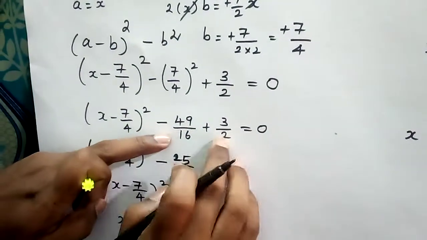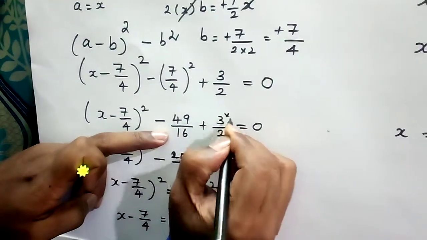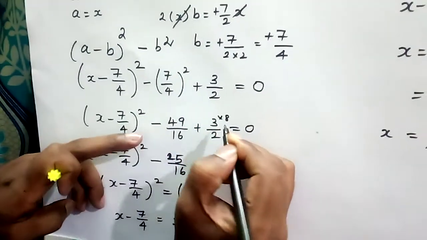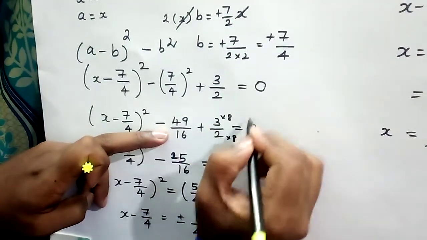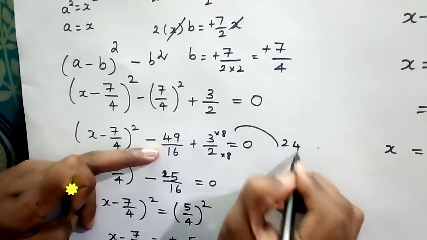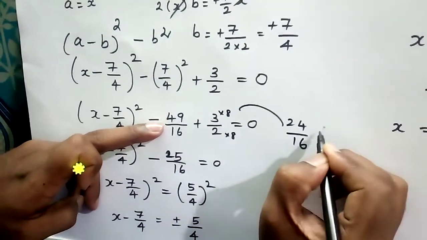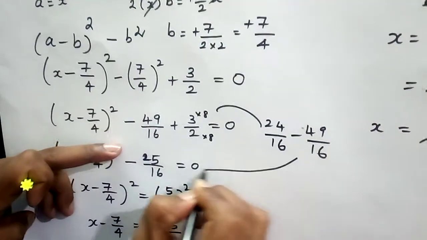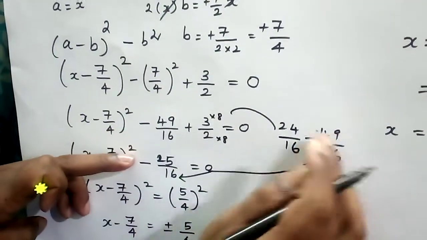Next we take the LCM, multiplying by 8 on both: 3 eights are 24 and 2 eights are 16. Then minus 49/16, and this gives 25/16, with a minus sign before it.